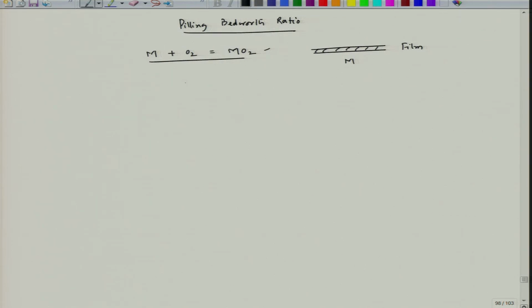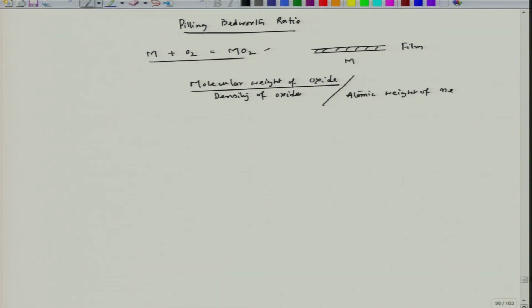In that case, the ratio is the molecular weight of the oxide divided by the density of the oxide, divided by the atomic weight of the metal divided by the density of the metal.